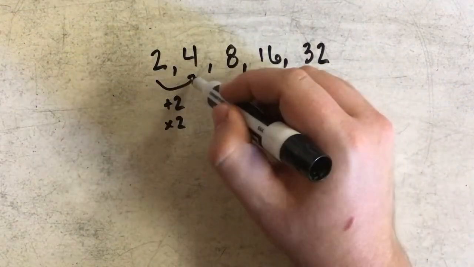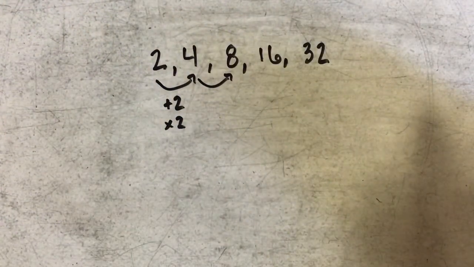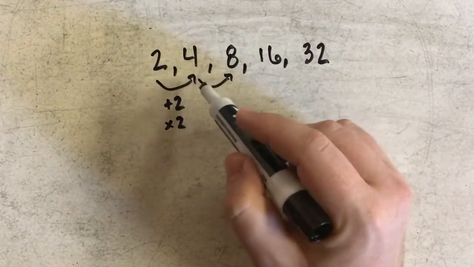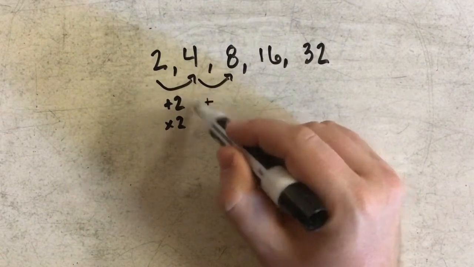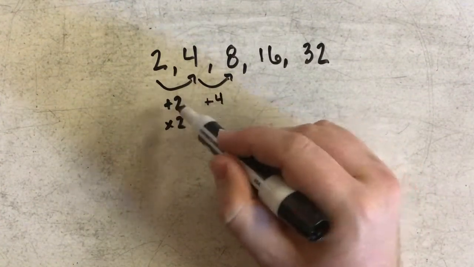So in order to determine what the pattern is, it has to be true for each term in the sequence. When I go from 4 to 8, I see that I didn't add 2, instead I added 4. So that wouldn't be my pattern.